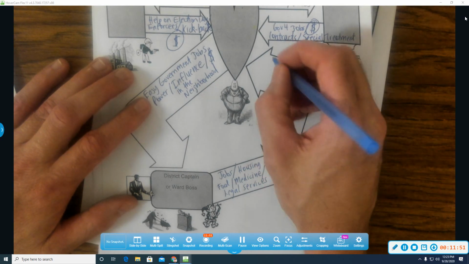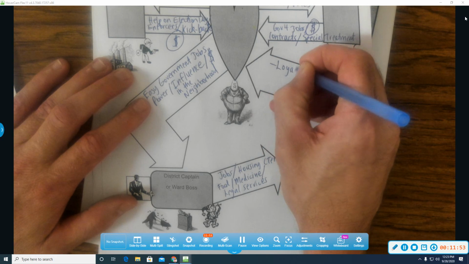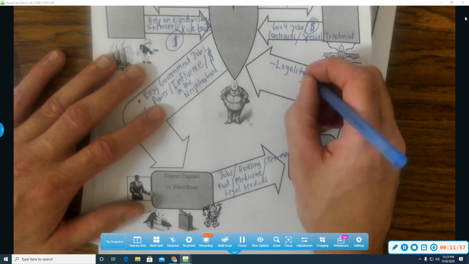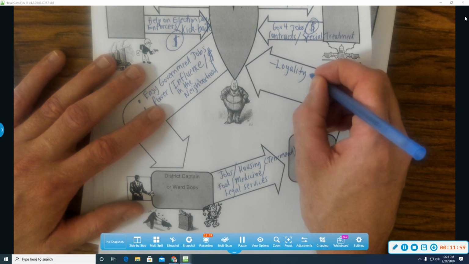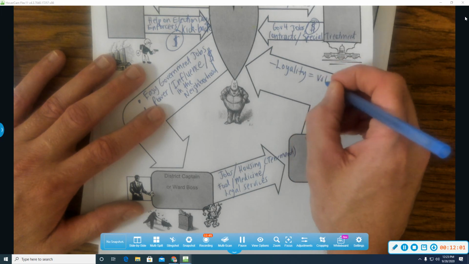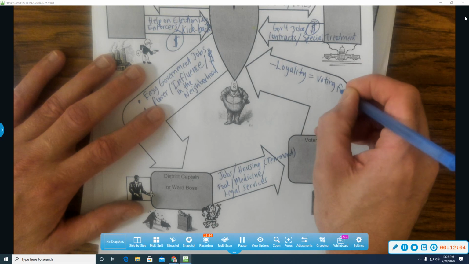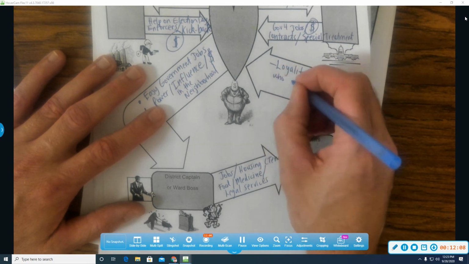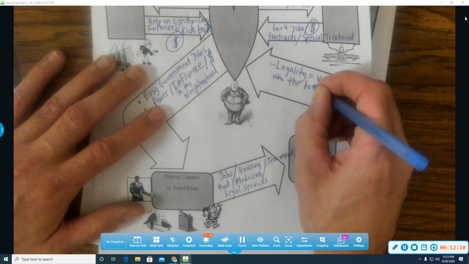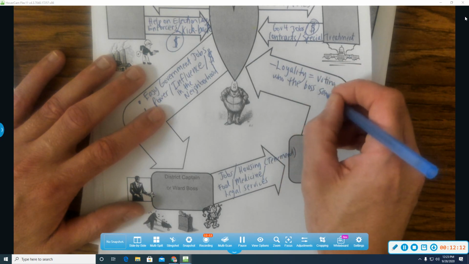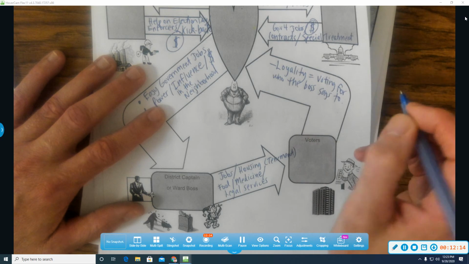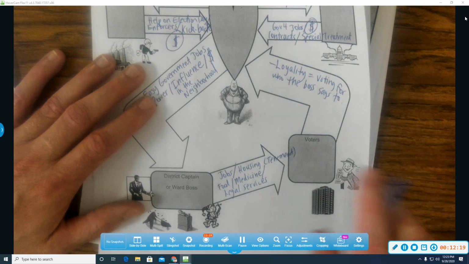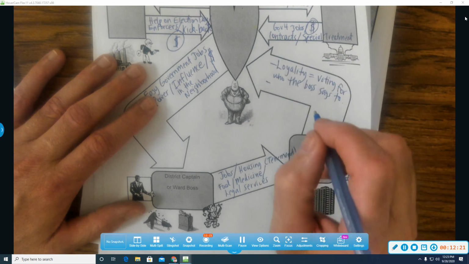Well, first of all, loyalty, which equals voting for who the boss says to. And also, it's like playing the game and being part of it, not causing any waves, being loyal.